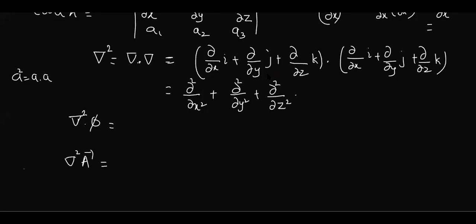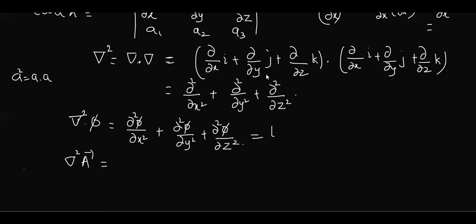Suppose I take this del square and operate it on a scalar phi. Can anybody tell me what expression I'll get? If I take phi inside, it will be dou square phi by dou x square plus dou square phi by dou y square plus dou square phi by dou z square.